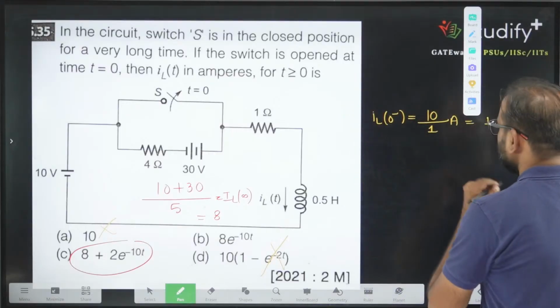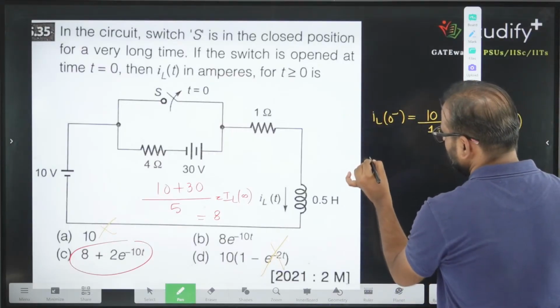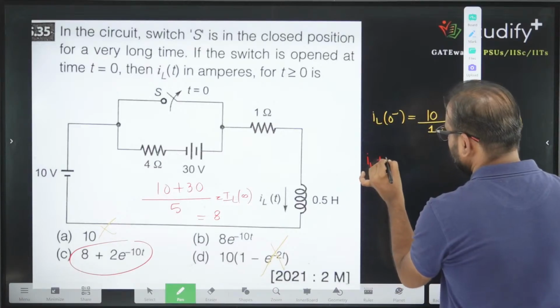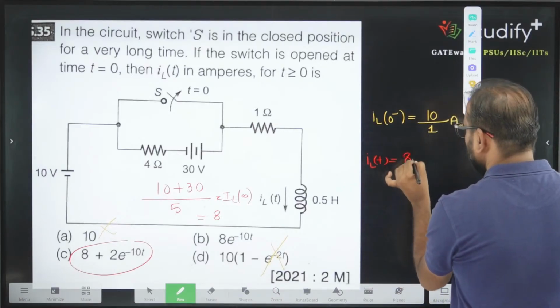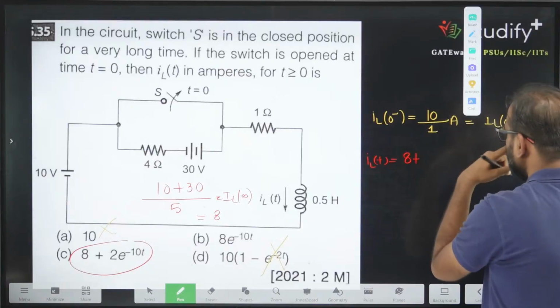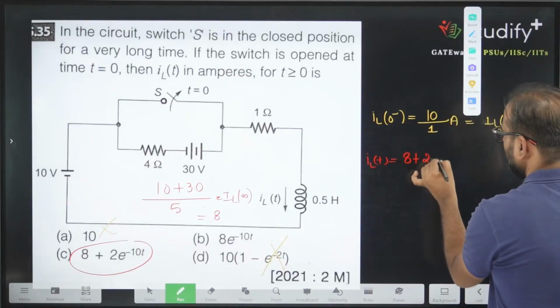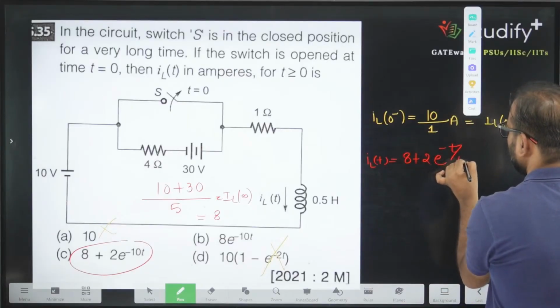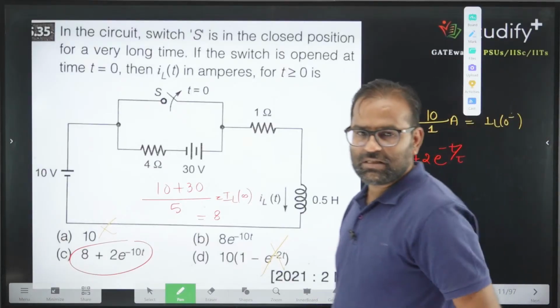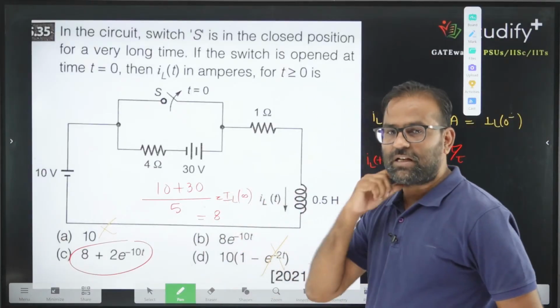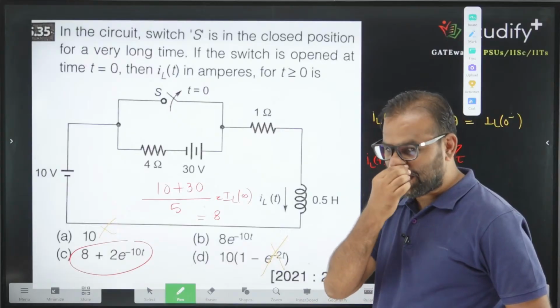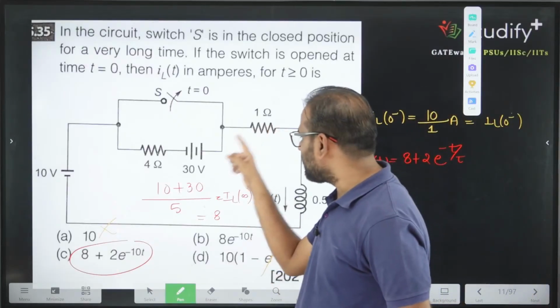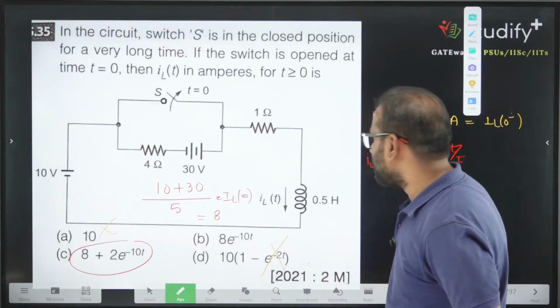So you can write IL(t) as I of infinity plus (10 minus 8, that is 2) into e to the power minus t by tau. And this is which circuit? This is one RL circuit. What is the time constant for an RL circuit? The resistance is 5 and the inductor is 0.5.